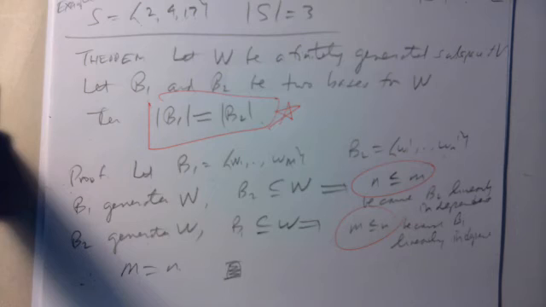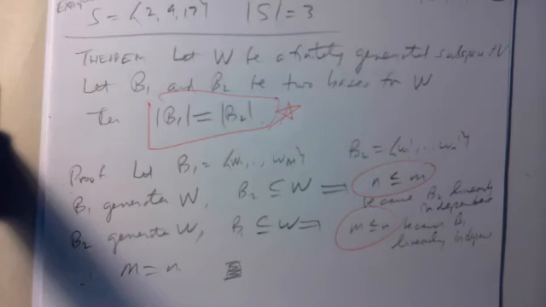Right, but let's say that we wanted to prove that B1 forms a basis for W. So to prove that, we needed to check if the linear combination of B is linearly independent. And if it was linearly independent, it forms a basis, because that's what the proof you just did said, right?